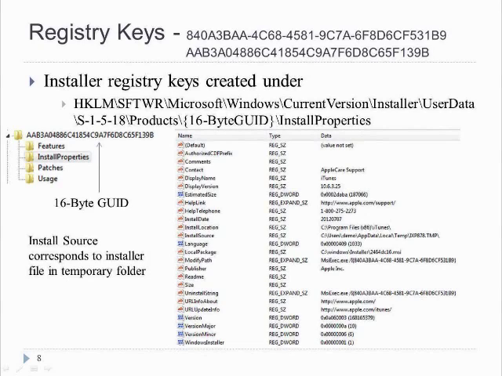And moving on to the installer registry keys that are created when iTunes is installed. These are located in HKey local machine, software, Microsoft, Windows, current version, installer, user data, and then the system profile because it's installed for all users, and then products, and then again it's the 16-byte GUID, and you can see that on the left hand side, but it is a little bit different.